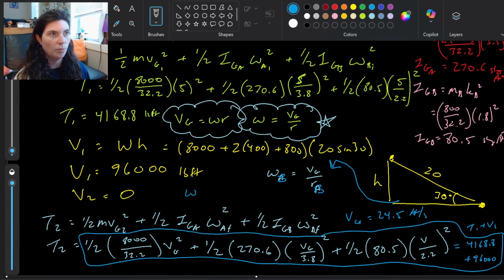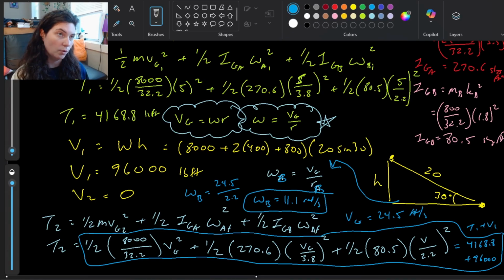So omega B equals 24.5 over RB of 2.2 gives me an omega B of 11.1 radians per second. And so we were trying to find that angular velocity just of the roller B.